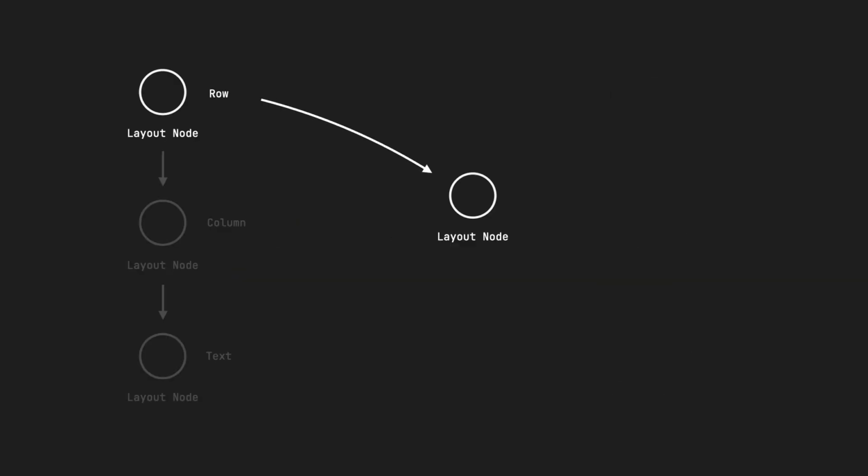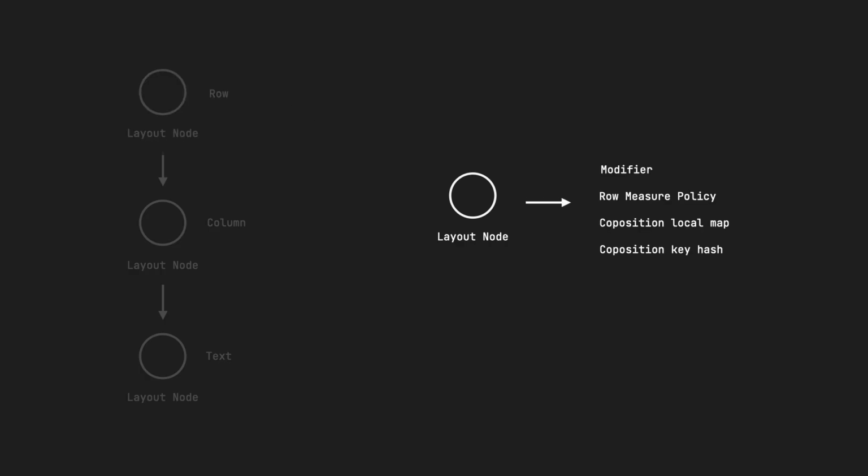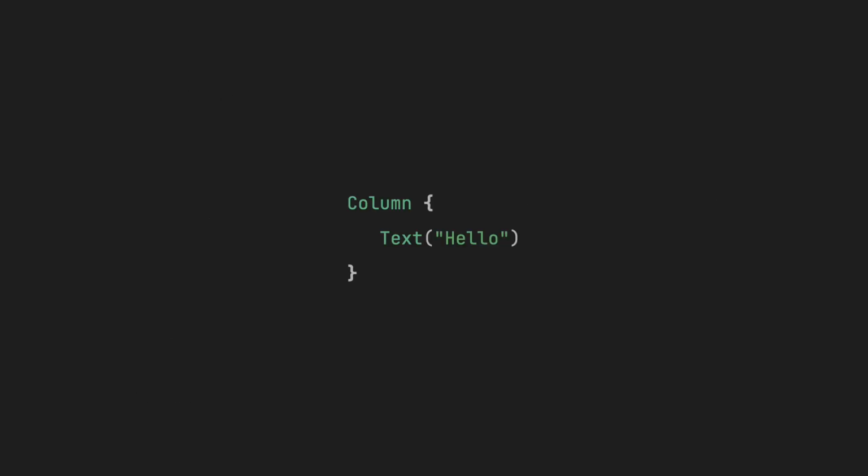When you look at a layout node, it has specific things that are always set, like the modifiers, the measure policy, in this case a row, or a composition key hash, which is a unique identifier for a composition scope. And there's also a composition locale provider that gets set. So each layout node has this information associated with it.